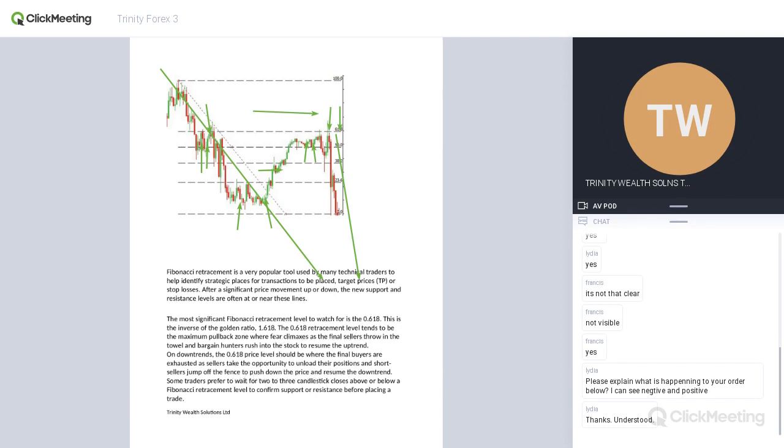Sometimes you just try to make it suit you. What do I want to see for me to be sure to get a stronger signal that the market is resuming the old trend? So some traders will wait for 2 to 3 candlestick closes above or below a Fibonacci retracement level to confirm support or resistance before placing a trade.